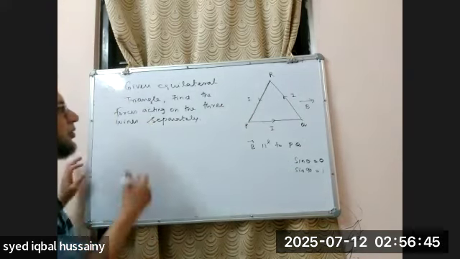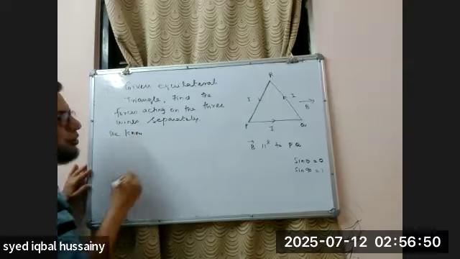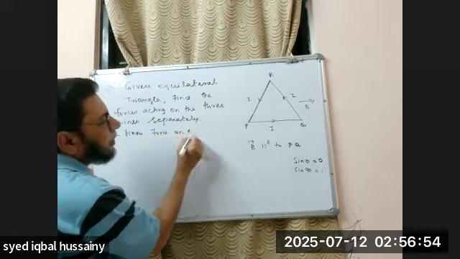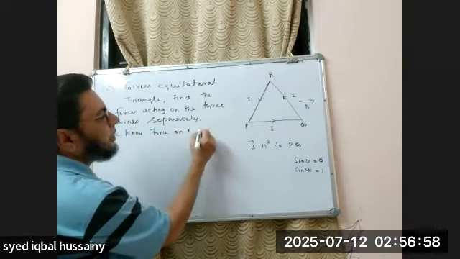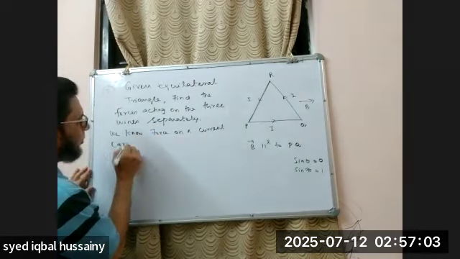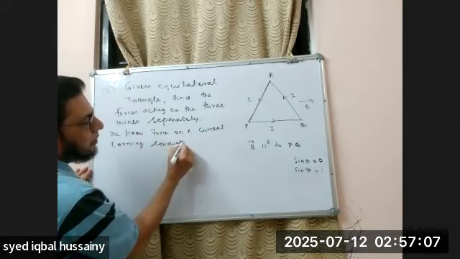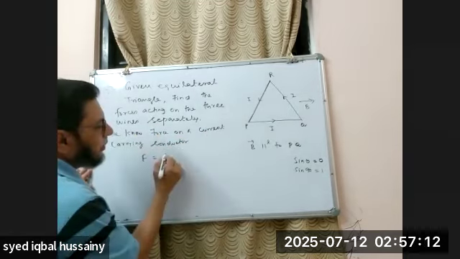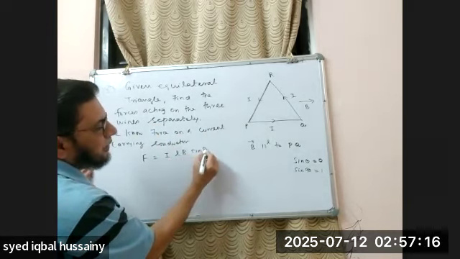So we know the force on a current carrying conductor. The formula you should know: F equal to I L B sin theta.